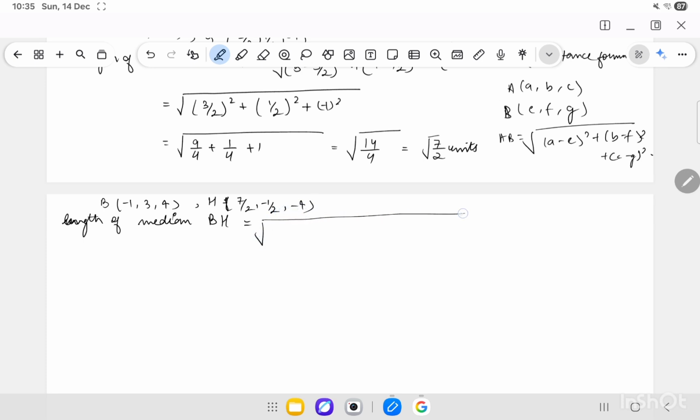So length of BH will be the square root of (-1 minus 7 by 2) square plus (3 plus 1 by 2) square plus (4 plus 4) square.